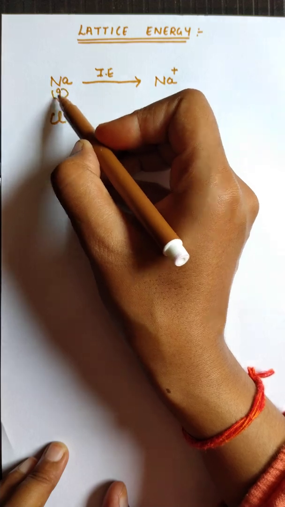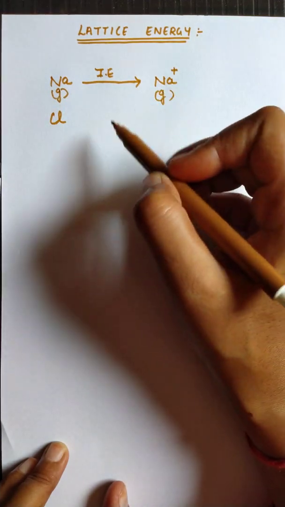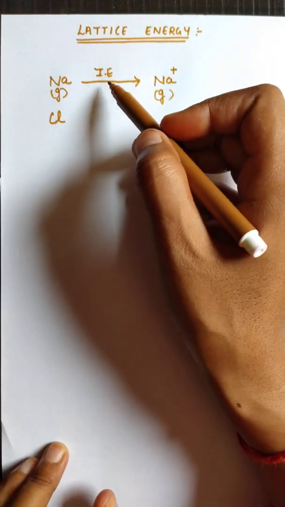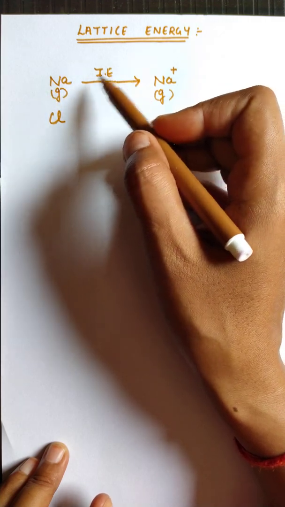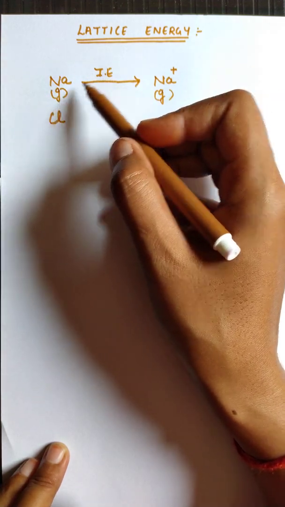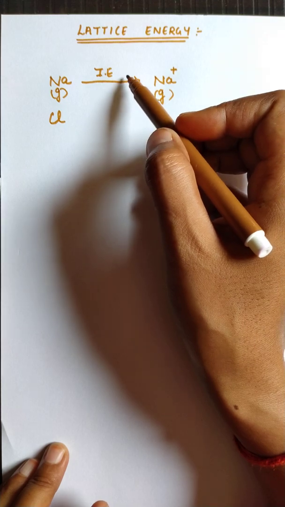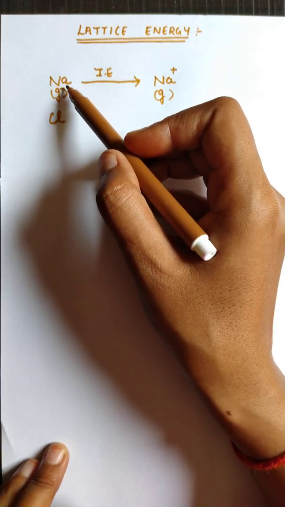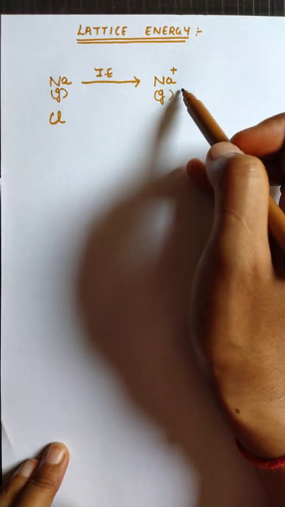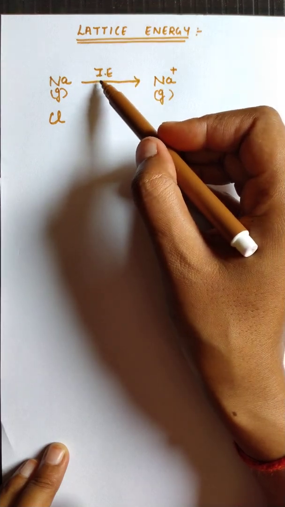But the atom must be in gaseous state, because it is not possible to release an electron from the solid state, as it will require a very large amount of energy. So we are releasing the electron from sodium by giving the ionization energy.